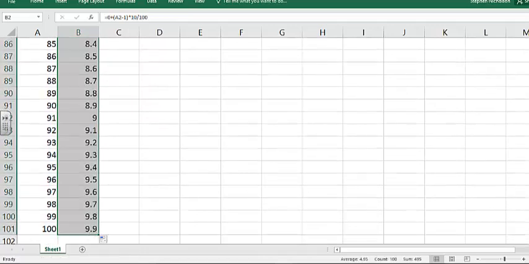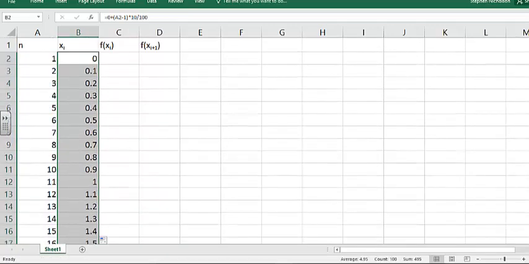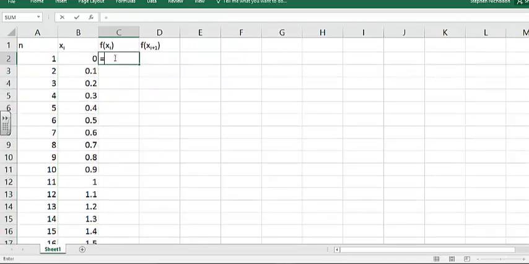you can see there's the values of x. And I can do the same thing. Now I'm going to evaluate the function, so the function is going to be x cubed plus 1. So that's f of 0.